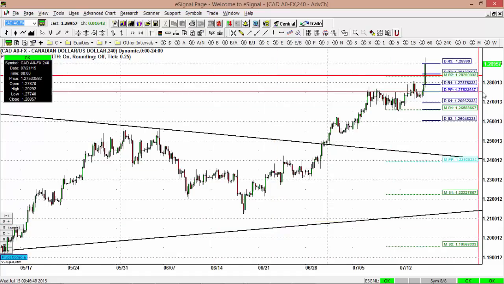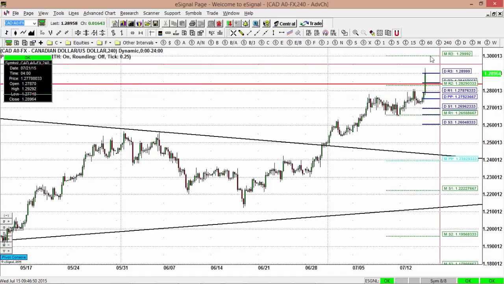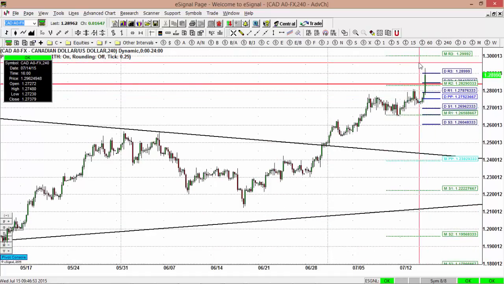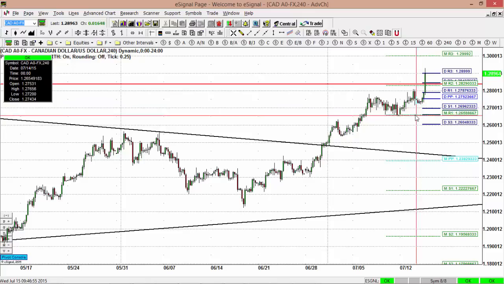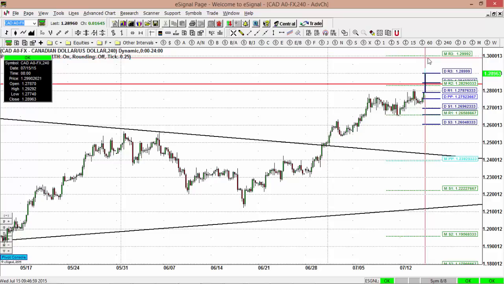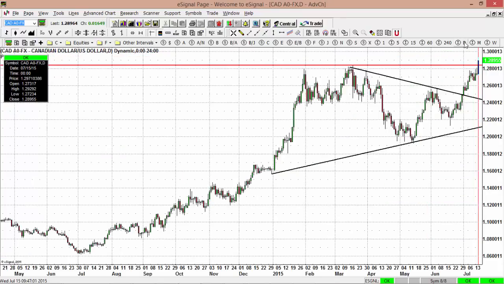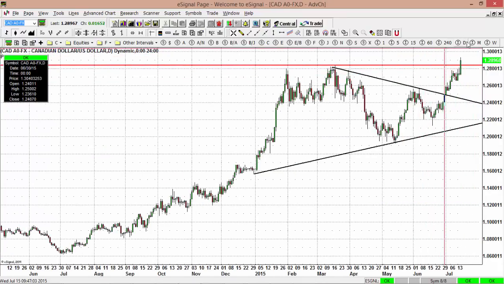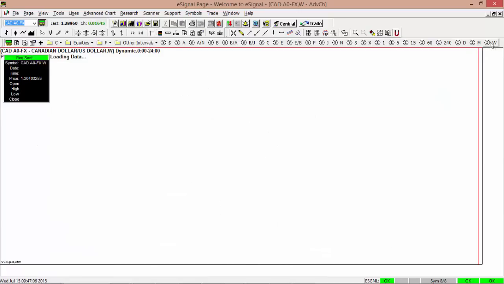And the next monthly pivot point up is at monthly R3, which is at 129.92. As you can see, the market has blown above the R1 and the R2, and it's approaching the R3 at 129.92. So we could see some stalling out there.